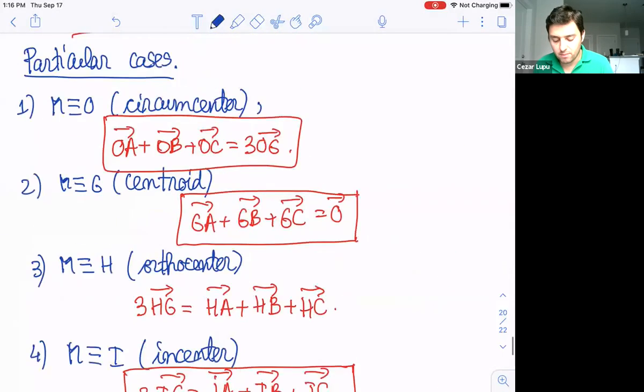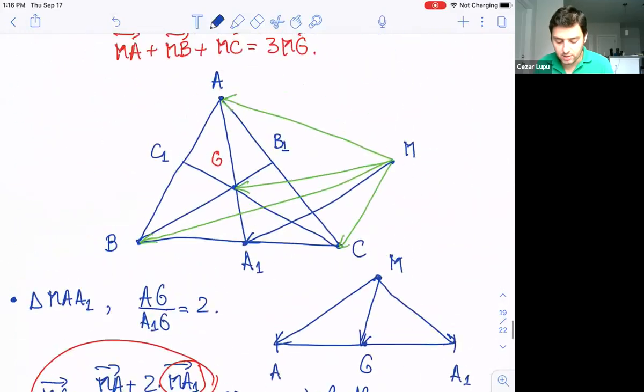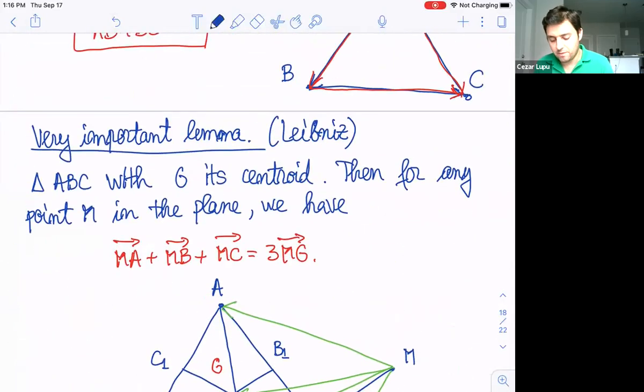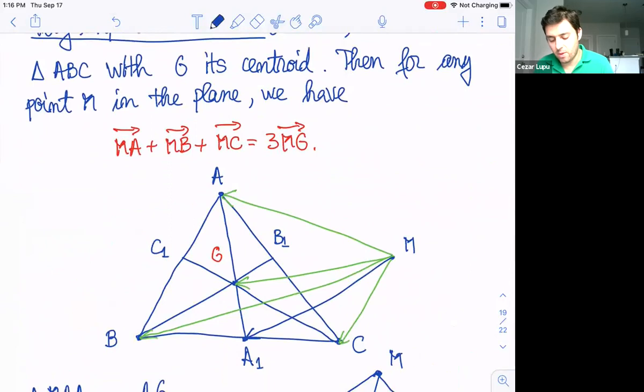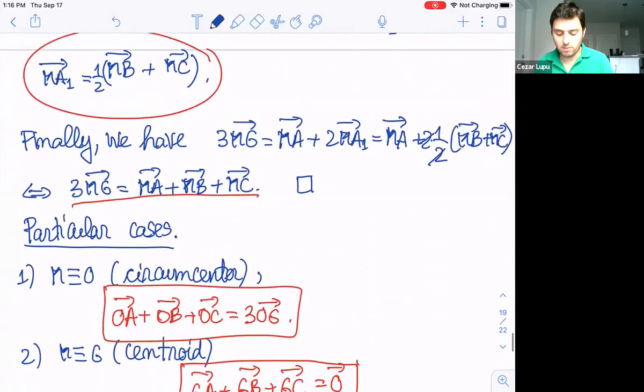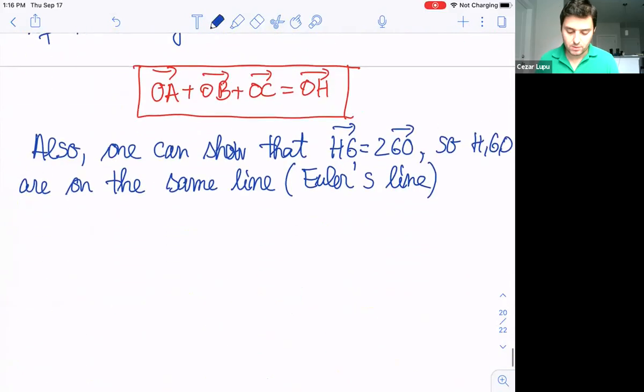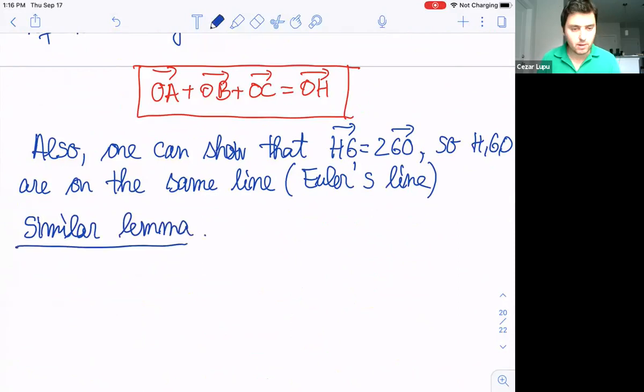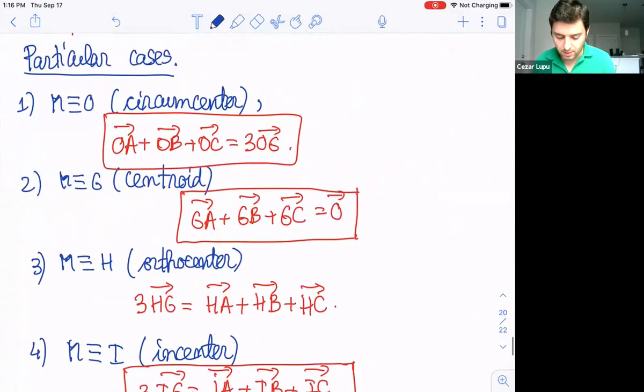All right, you see, you can mimic all this here. For example, now, what if instead of using G, maybe I would like to use the incenter, for example. So again, a similar lemma. And I'm just going to state it, and I'm going to leave it to you to prove it because I don't want to lose time.